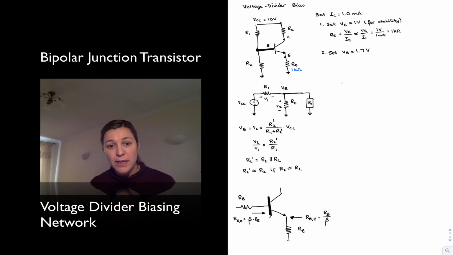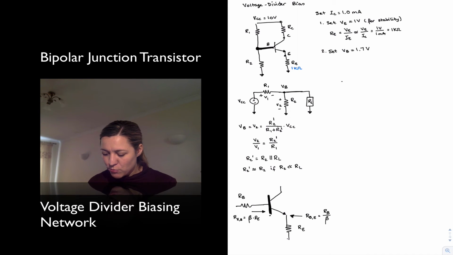And so we can apply that principle, that approximation, into this example. When we look at RL, the resistance looking into the base, it is going to be equal to beta times that emitter resistor. And so in order to maintain our voltage divider stable, we want our R2 resistor to be much smaller than that resistance.